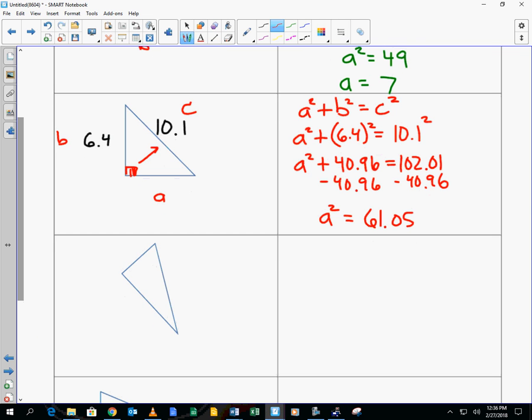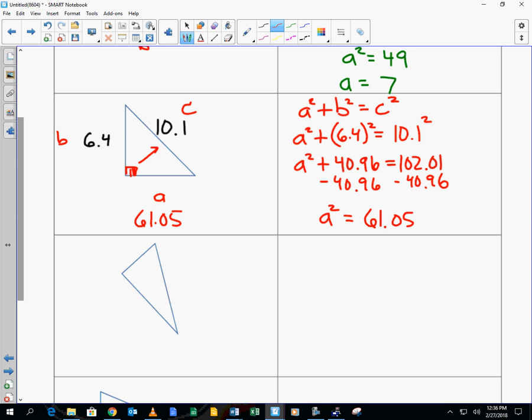Do you think that this side right here is 61.05? If that side is 6.4 and that side is 10.1, then this is 61.05. What do you think? Why is that impossible? Because the longest side, Shadir has it perfectly correct, the longest side is 10.1, so this can't be more than 10.1.